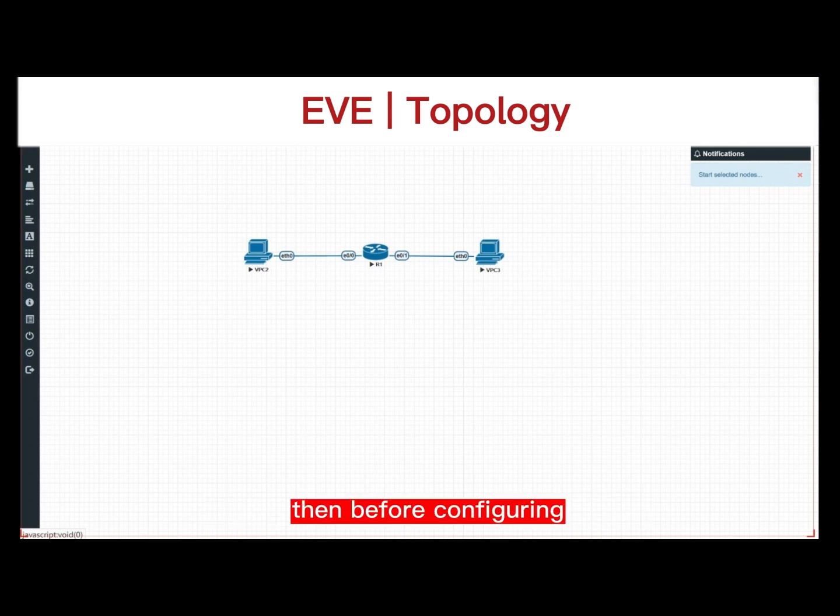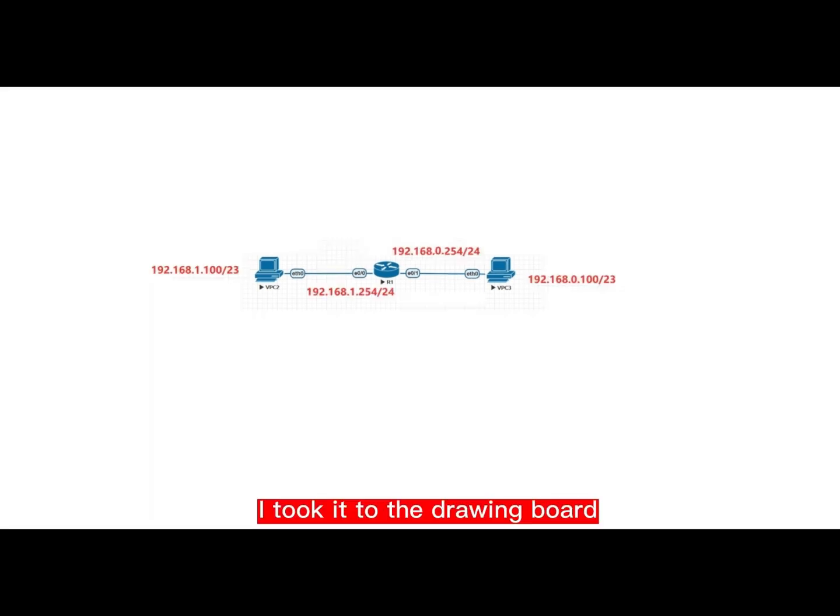Before configuring, first of all, we need to plan the addresses for them. I took it to the drawing board. We plan the address. What we do today is not cross-network segment; we are doing the same network segment. Suppose the IP address of the PC on the left is 192.168.1.100.